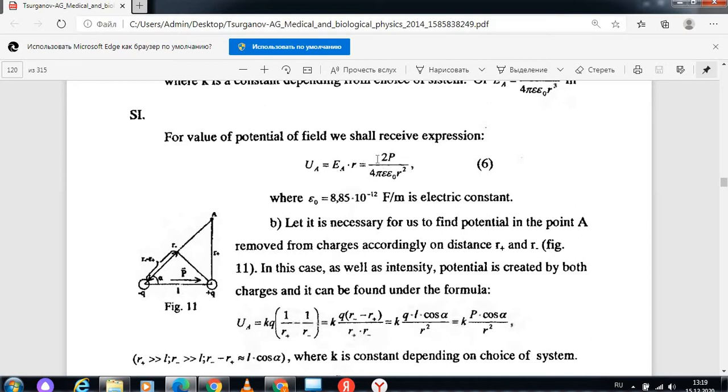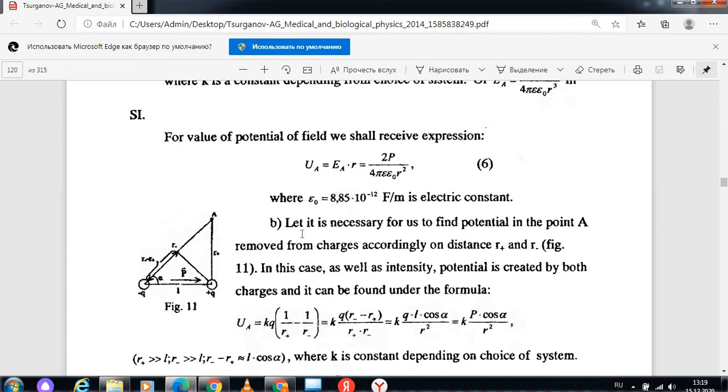It will equal 2p divided by 4π ε0 r squared, where ε0 is 8.85 multiplied by 10 to the power of minus 12 farad per meter. It's the electric constant of the vacuum.